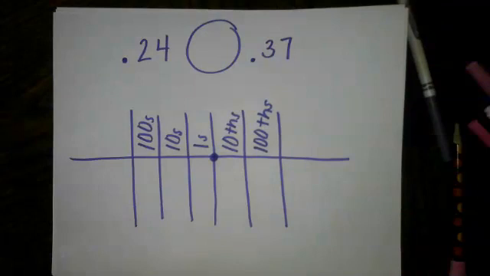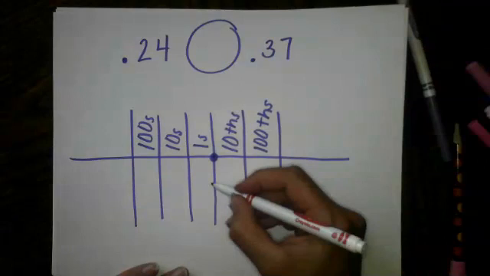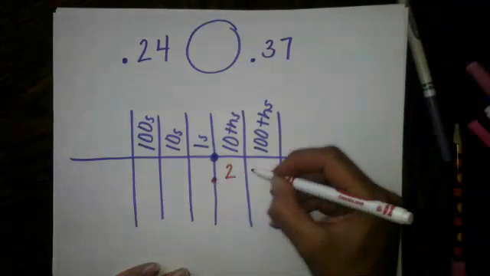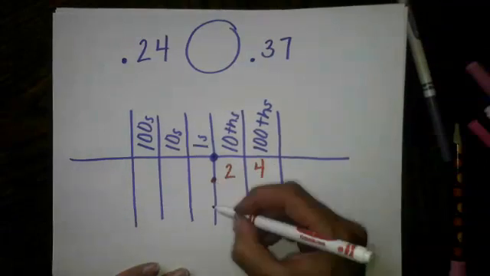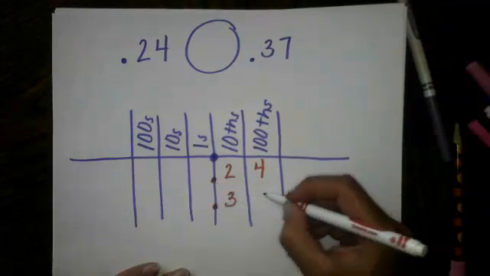Okay. And now I'm going to write my numbers in. So I have 24 hundredths, and I have 37 hundredths.